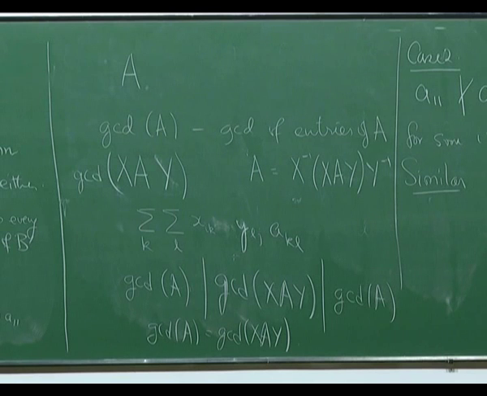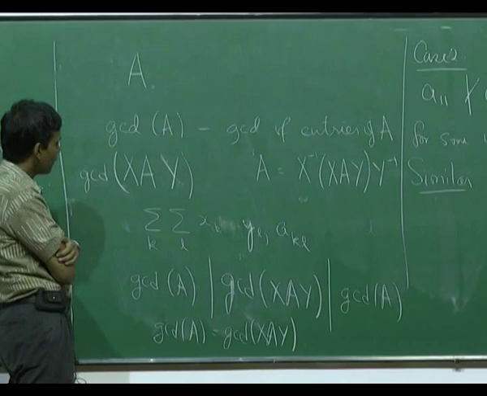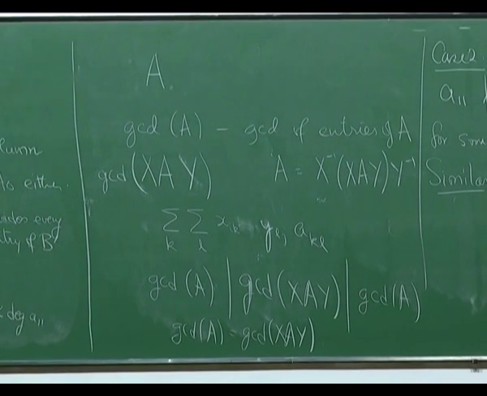So, the GCD of the entries does not change under equivalence. So, what does this tell us about our Smith form?